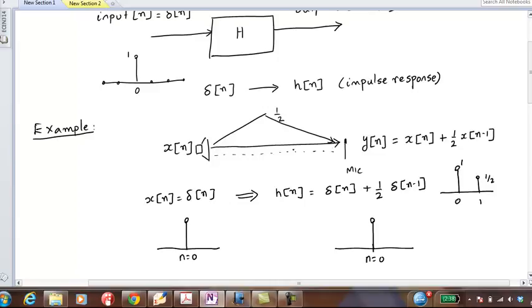But there is no reflected path at this time, because the previous input that was transmitted is 0. However, at the next time instant, because of this reflected path, the signal, which had an amplitude of 1, would have taken one more unit to arrive at the receiver, and it would be attenuated by half. So the received signal would actually look like this, and that's exactly the same as the impulse response here.